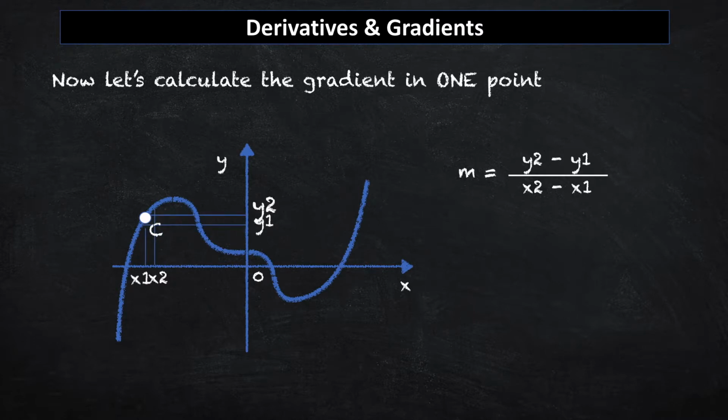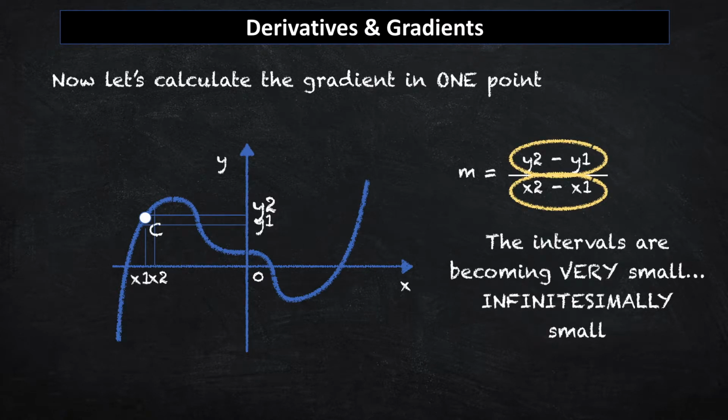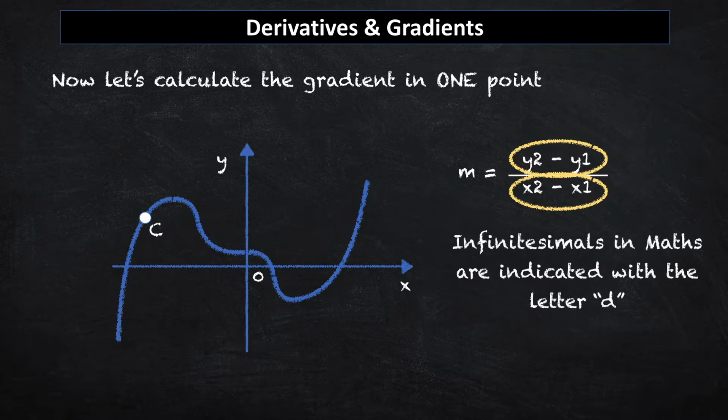In this mental experiment, it is like the intervals are becoming very small, in a way infinitesimally small. And since in mathematics infinitesimals are indicated with the letter d, we can write that the gradient m is the ratio between an infinitesimal range of y values and the corresponding infinitesimal range of x values.